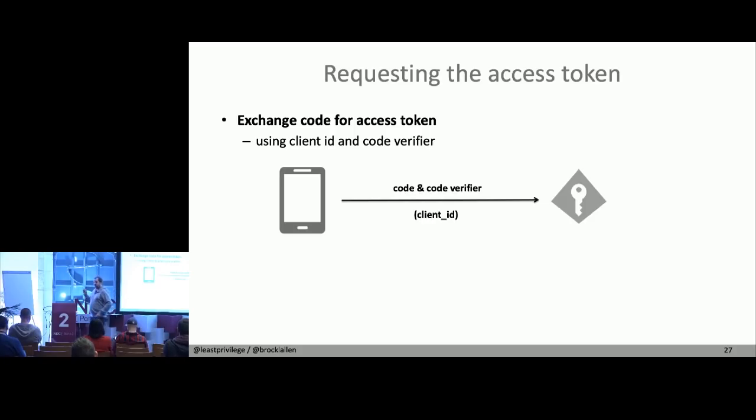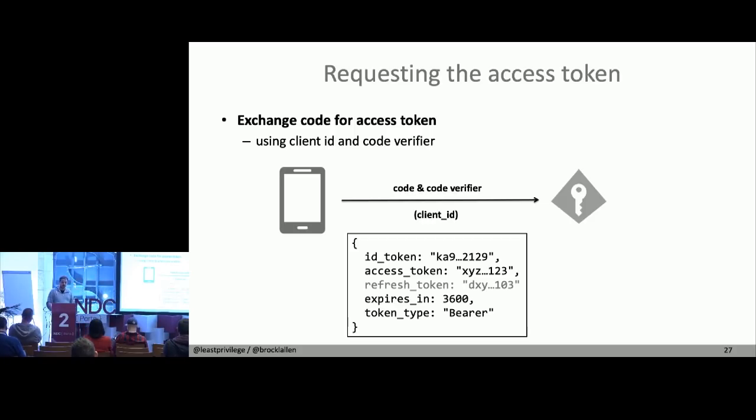This has exactly the same purpose as hybrid flow, but it's a considerably easier implementation, because all of the checks happen on the server. They don't have to be done on the client side. And that's why more and more people are leaning towards implementing PKCE rather than hybrid flow these days. All you need to do on the client is hash something, send it to the server, and that's it.